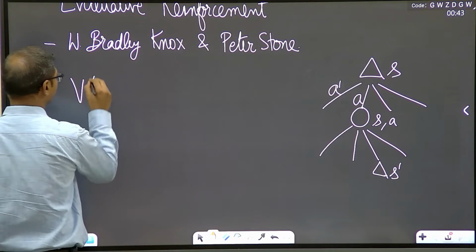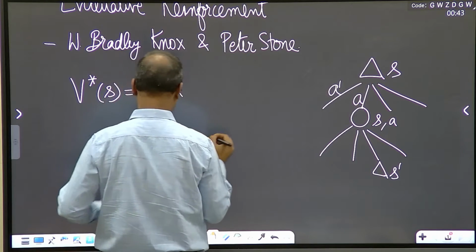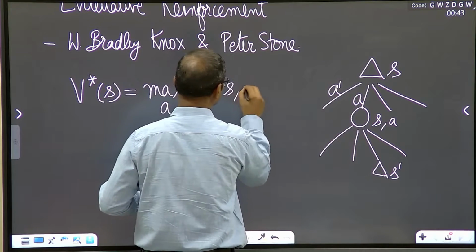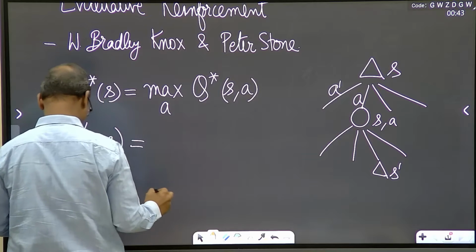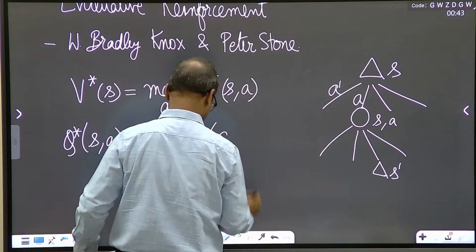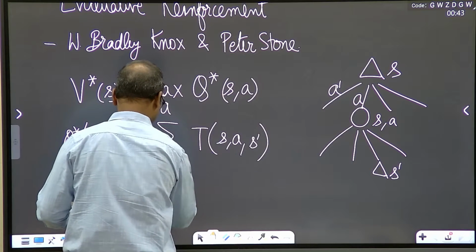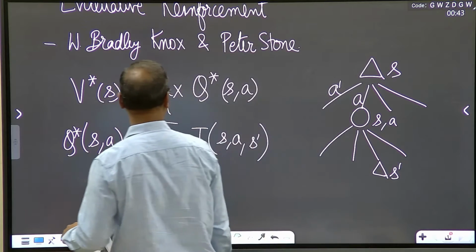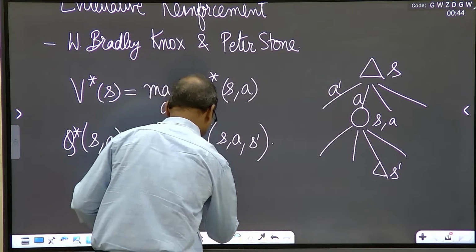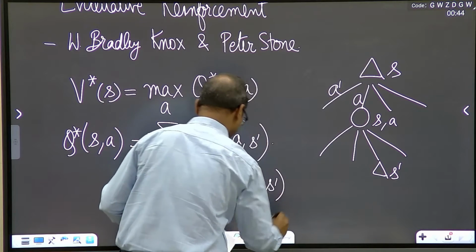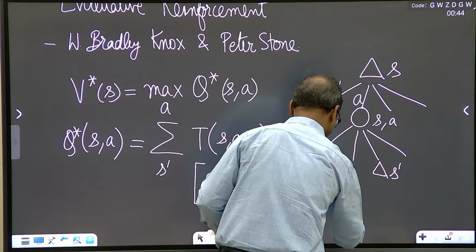We had simply said that V star S, so some optimal value at a state S, is given by max over A of Q star S comma A. And then we had said that Q star S comma A is simply summation over all S prime of T S A S prime, multiplied with R S A S prime plus gamma V star S prime.